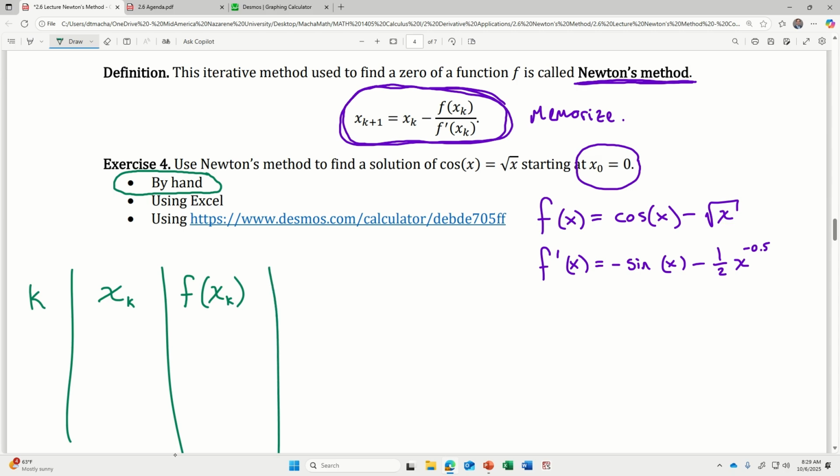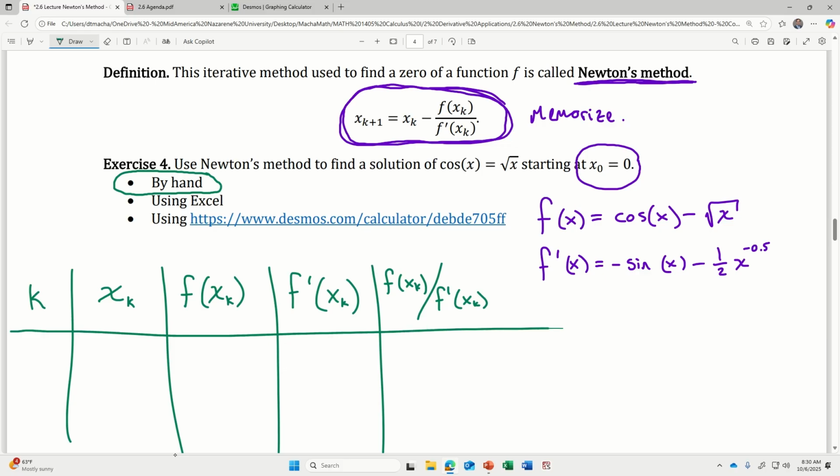And the next column is going to be f prime of x sub k. And then the last column is going to be f of x k divided by f prime of x k. And that should be good enough for our solving by hand problem.